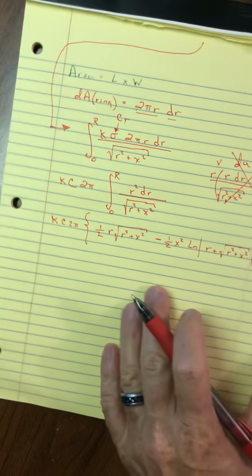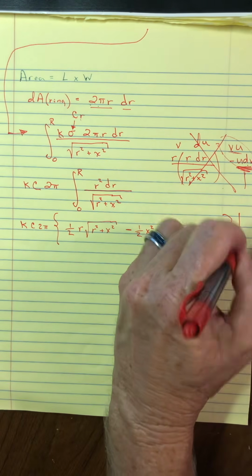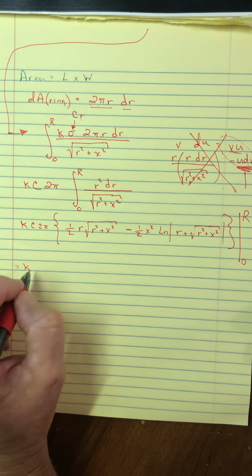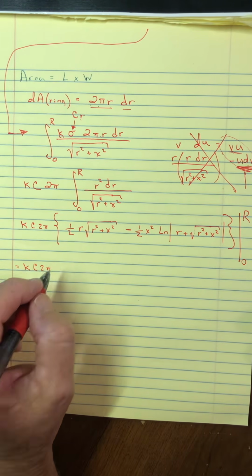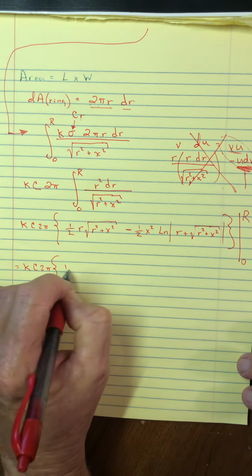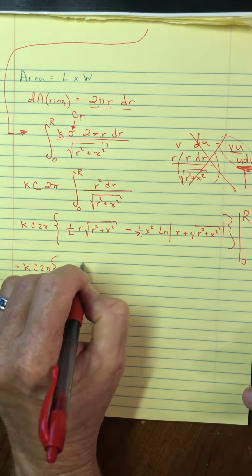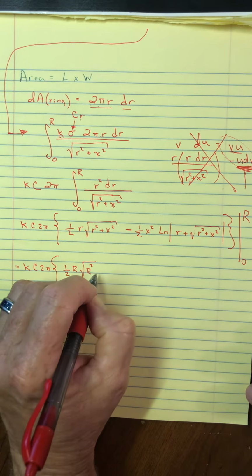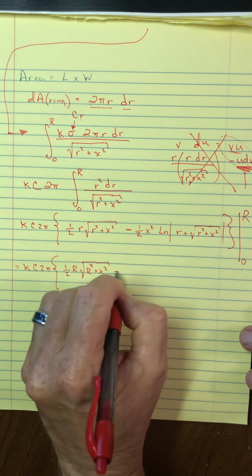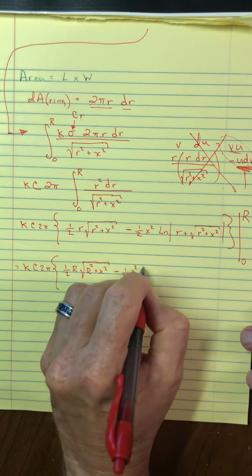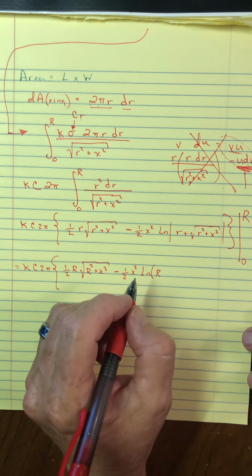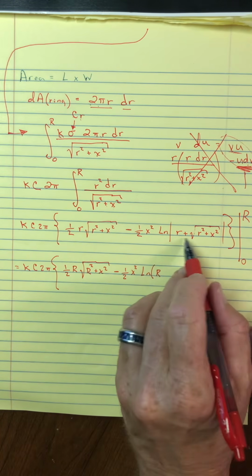Okay, and I need to evaluate this from 0 to capital R. So this would be k c 2 pi. And let me put in a capital R. So this would be a 1/2 capital R square root of capital R squared plus x squared minus 1/2 x squared, natural log, capital R. I'm just going to drop the absolute values because these are all positive numbers.